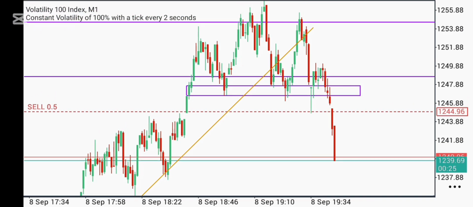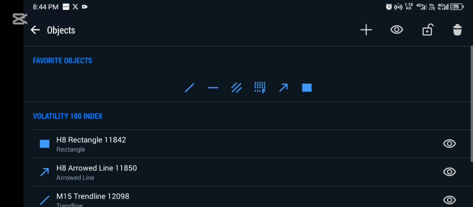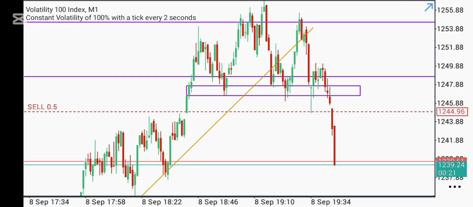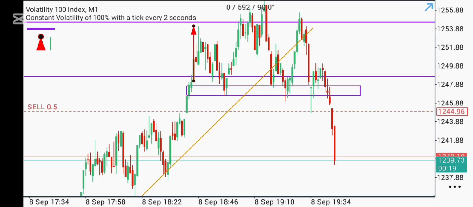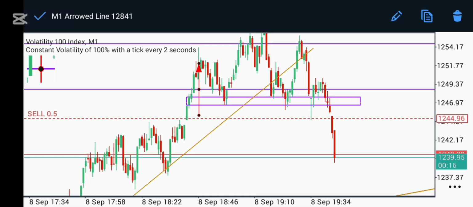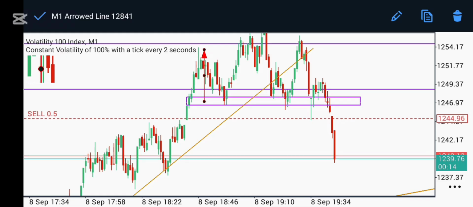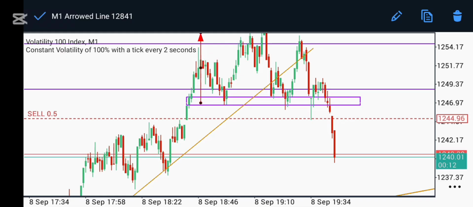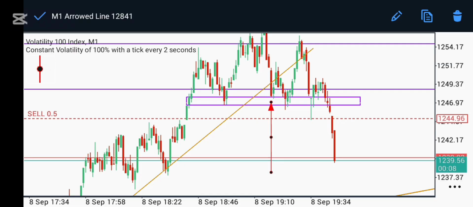Remember I told you guys that the normal way of taking sells from a head and shoulders pattern is to measure the height from the neck to the head, then take it down from the neckline.